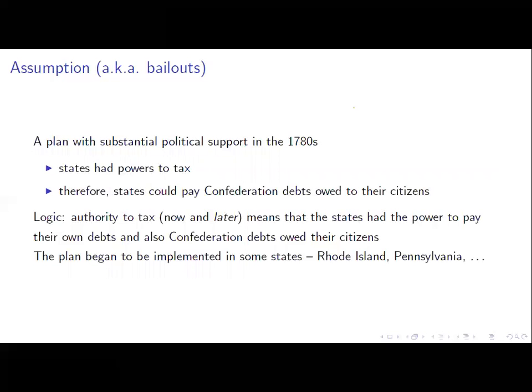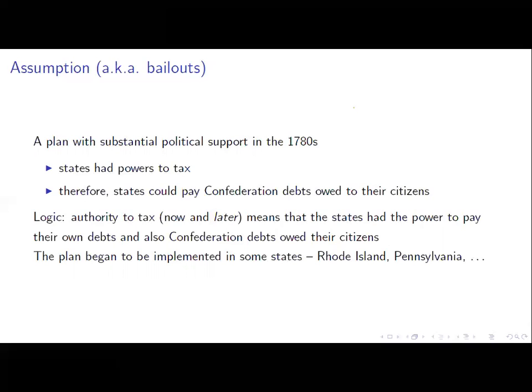So one plan that had a lot of political support was this: the states have the taxing revenue, they have the power to tax, therefore they should assume the Confederation debts and pay off the Confederation debts that are owed to their own citizens. The states like this.